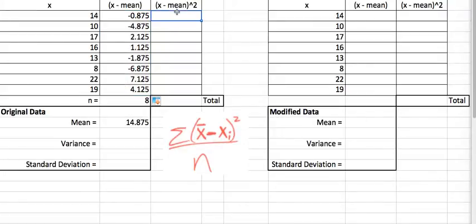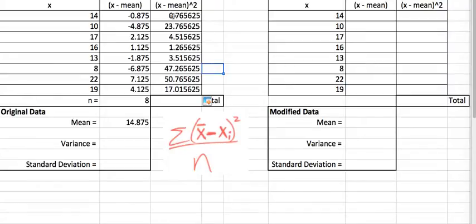Okay? So what we end up having to do is we need to take those and square them all. Alright, so you can see here Excel is nice for doing this fast. Now what we have to do is our variance was finding the mean of those.